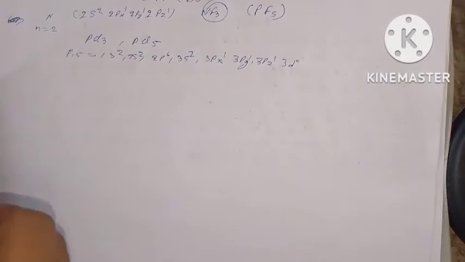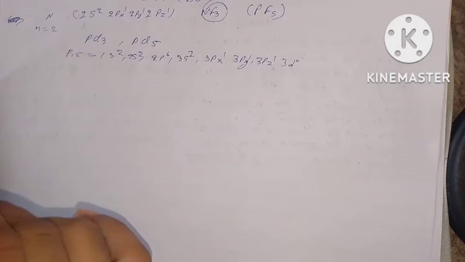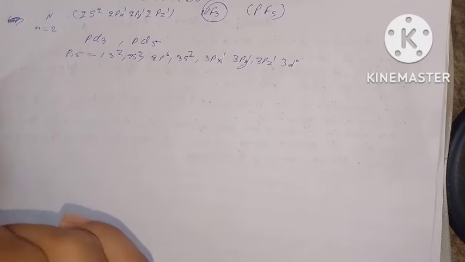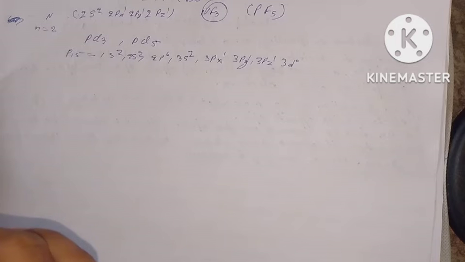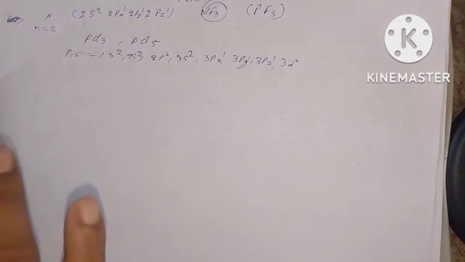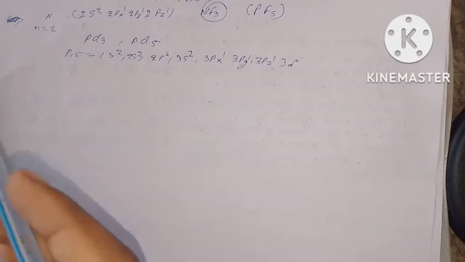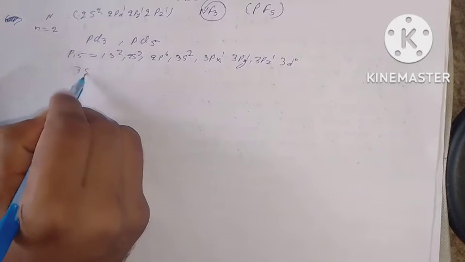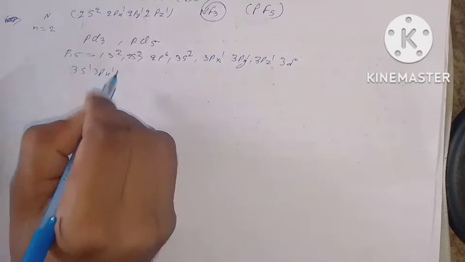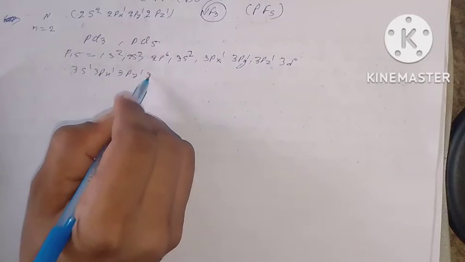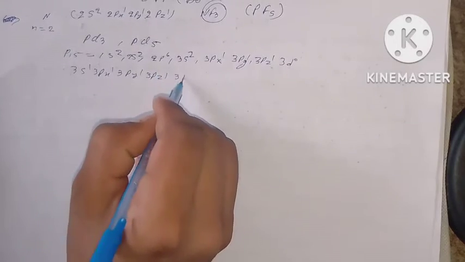The three unpaired electrons in 3p orbitals of P combine with 3 chlorine atoms and PCl3 is formed. In addition, one electron of 3s2 of phosphorus is unpaired and enters into a vacant 3d orbital of P. So P gets 5 unpaired electrons occupying 3s1, 3px1, 3py1, 3pz1 and 3d1.